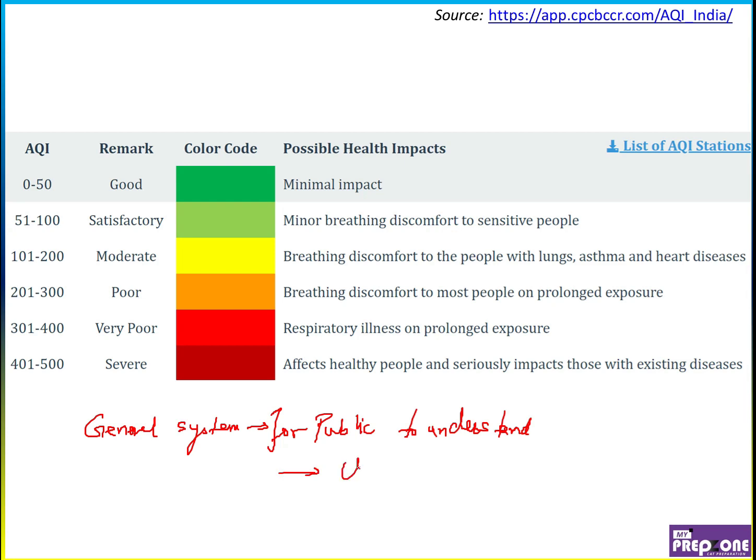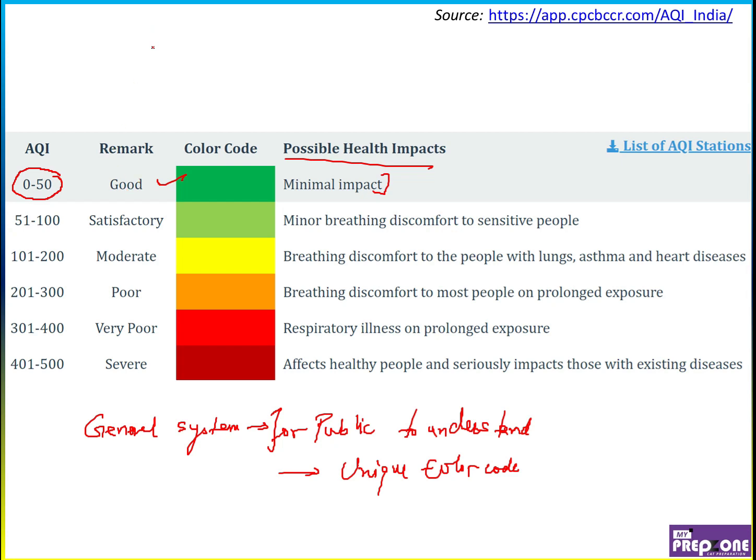There is a unique color code. Dark green means good, and the possible health impact is minimal. That means if my air quality index pollutant level is between 0 and 50, then I would say that my air is good.